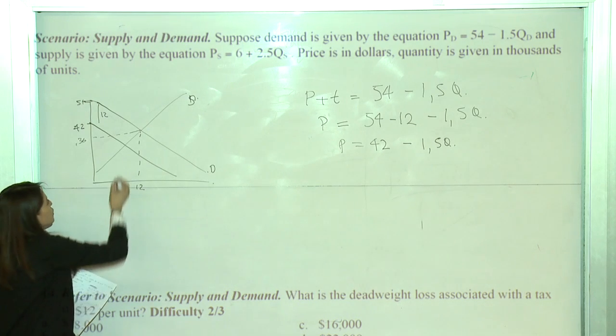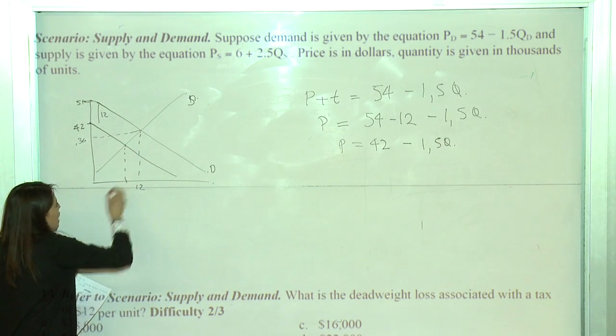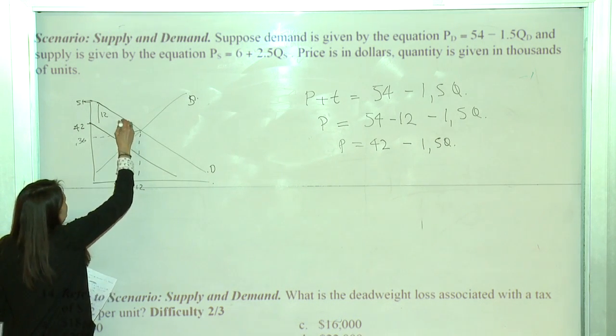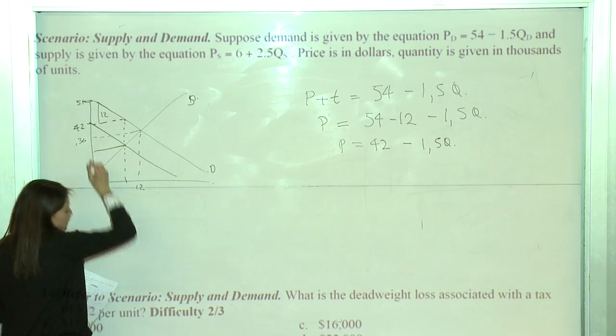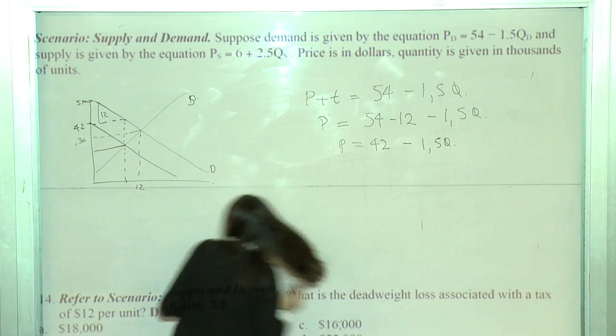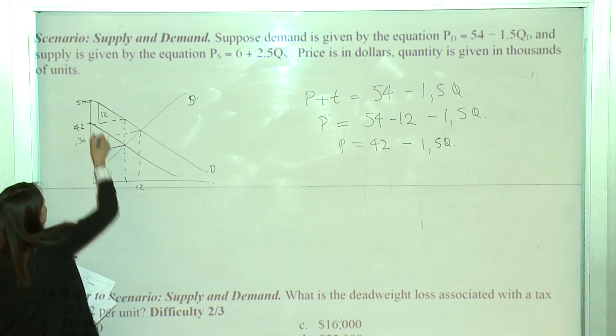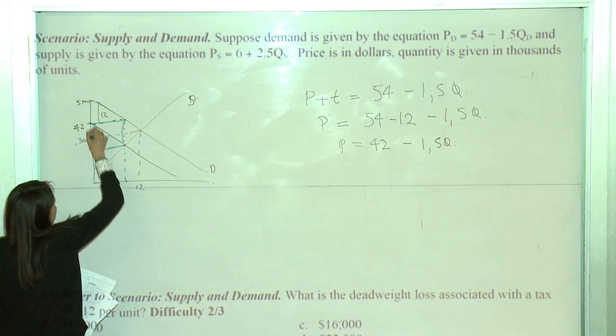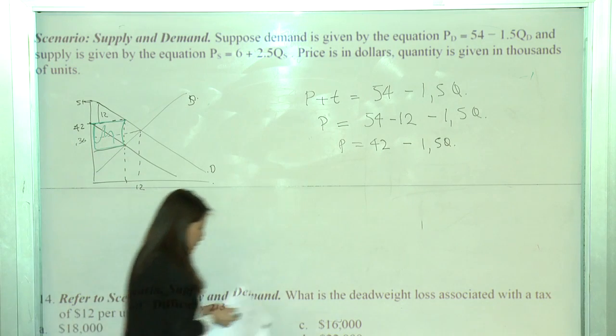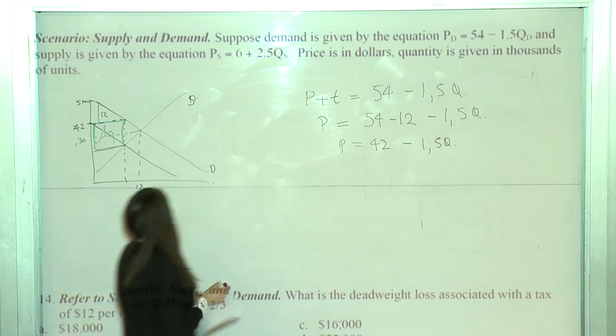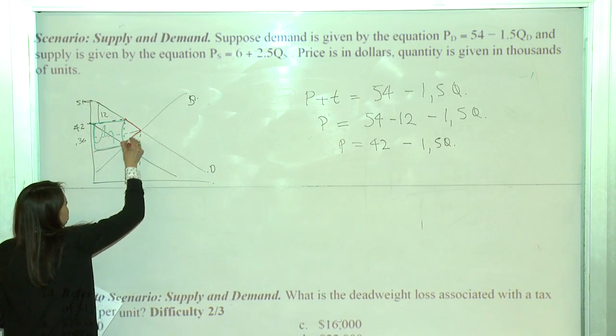Now, how do I calculate the deadweight loss? I have my new tax. This is the revenue of the tax that goes to the government. And this is the deadweight loss.